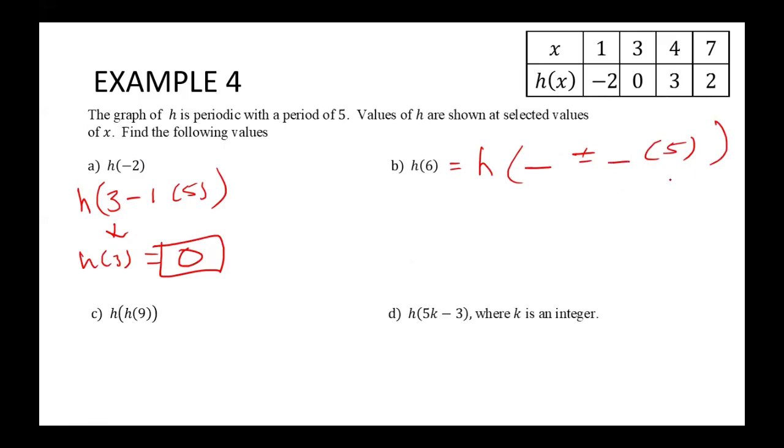What'd you say, Piper? Perfect. 1 plus 1 times 5. So therefore, this is equivalent to h of 1, which is negative 2.